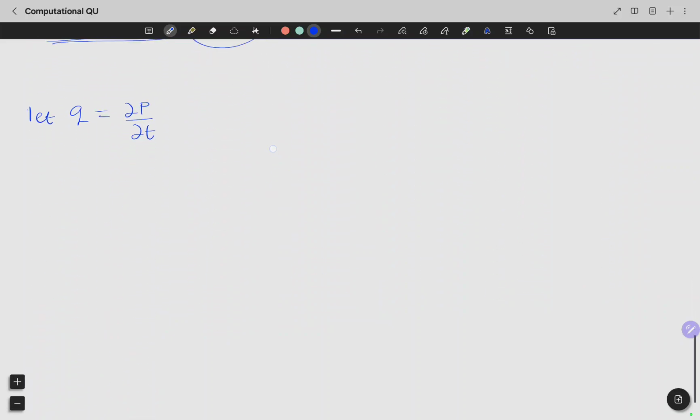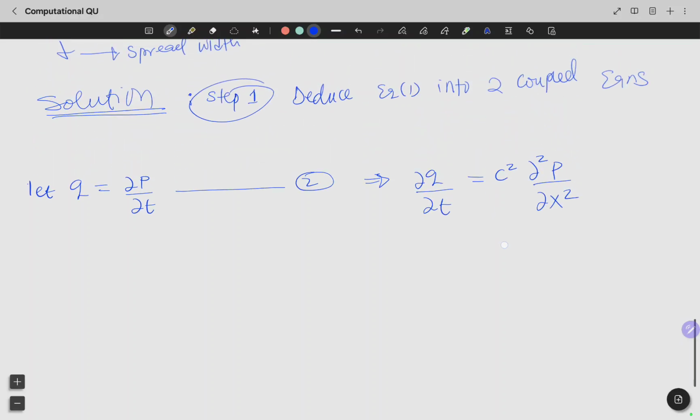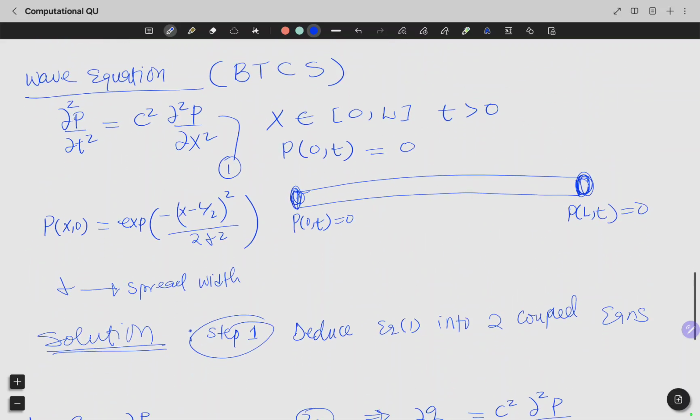Because now this is q. Let's call this 2. So this means dq by dt is what you have as the right hand side of equation 1, c squared d squared p by dx squared. I hope you understand, or otherwise we get equation 1 back in here so you can see.